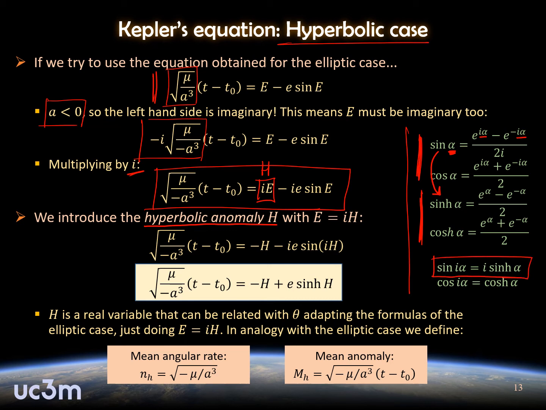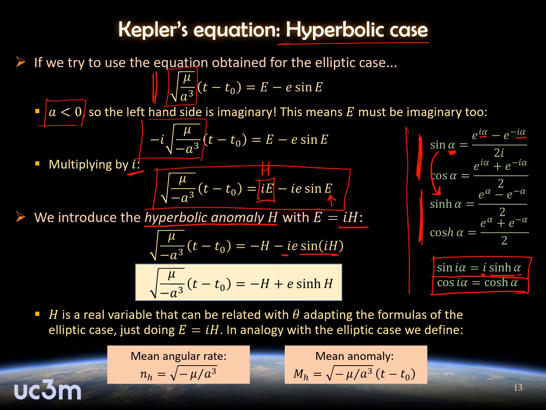When we have the sine of i times a real number, we can write that as i times the hyperbolic sine of the real number. There is a similar formula for the hyperbolic cosine and the cosine, the one that you see over here. So when we replace this E in here with i times H, we can replace that by i times the hyperbolic sine of H.